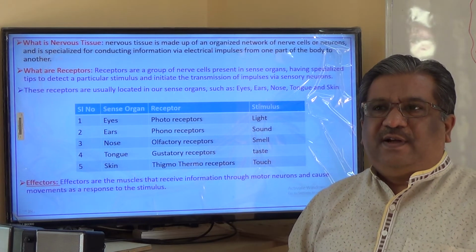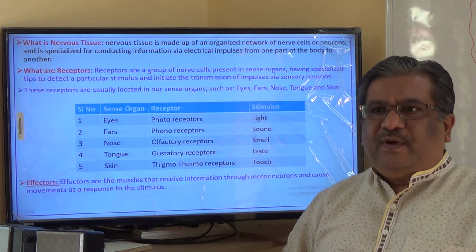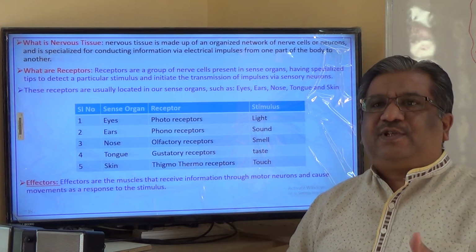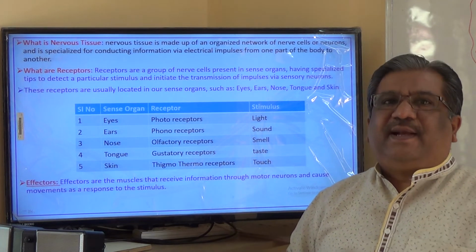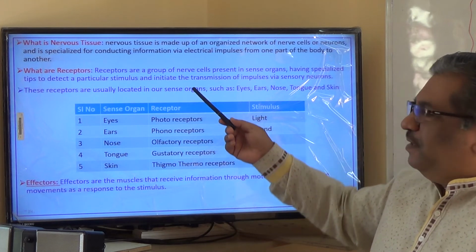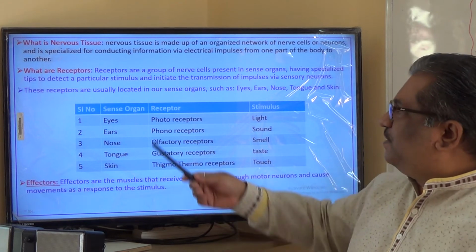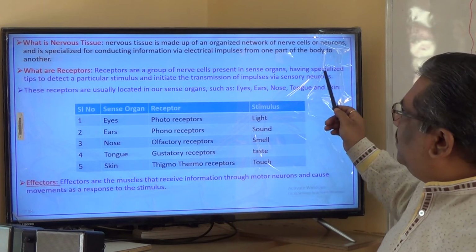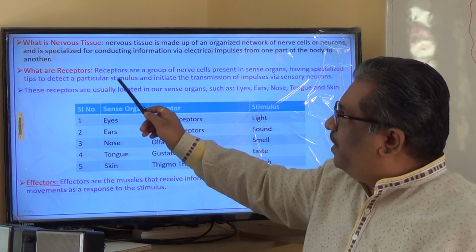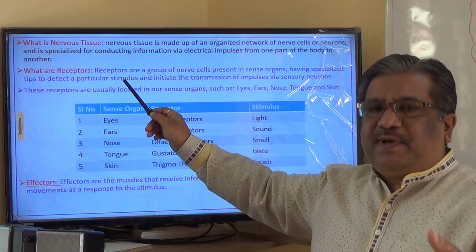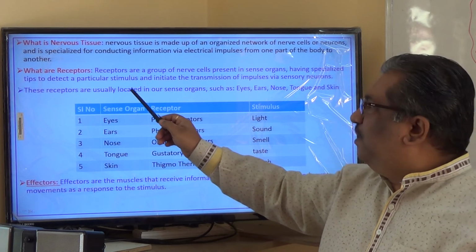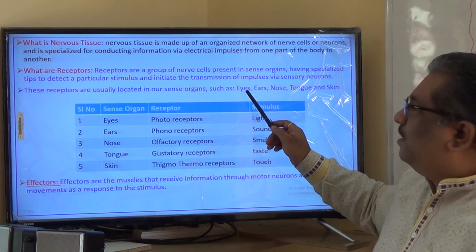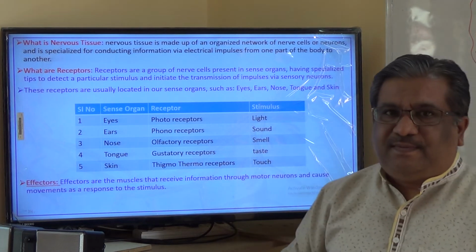Their function is to gather the information, to sense the stimulus and send it to the brain in the form of electrical impulses. Receptors present in the sense organs detect a particular stimulus and initiate the transmission of nerve impulses via sensory neurons.